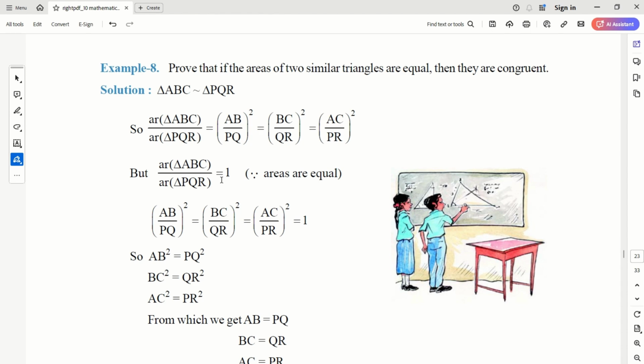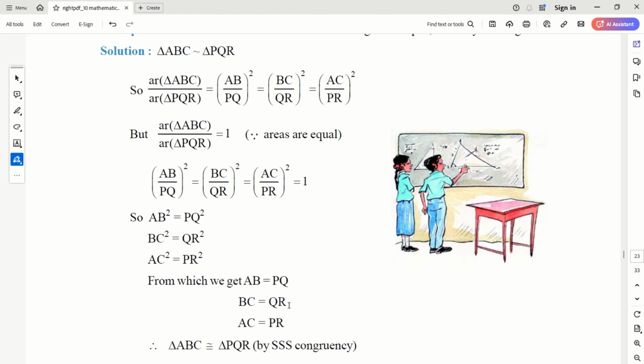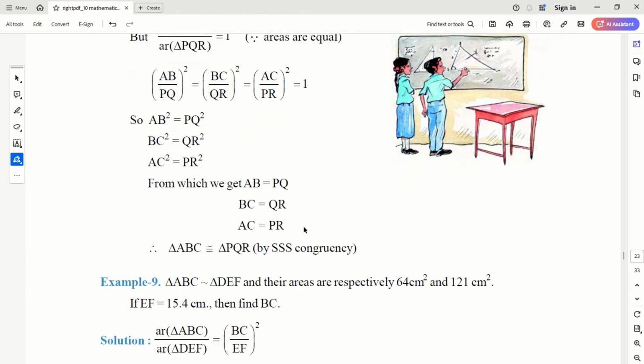Now, we are telling this is equal to 1. Areas are in the ratio of 1, which means AB square by PQ square equal to 1, and also the other two equal to 1, which means AB square equal to PQ square or AB equal to PQ, and BC equal to QR, AC equal to PR, which means those are congruent triangles basically, right?